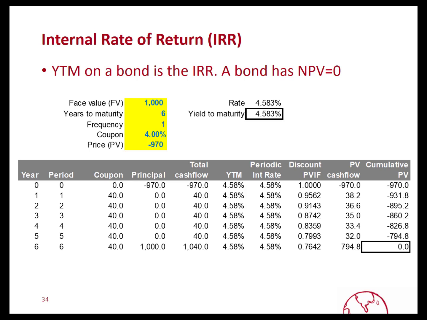Summing those up along with the price today of minus $970, and discounting them using the yield to maturity, which is also the periodic rate because we're looking at annual compounding, you can see that the cumulative present value of this project is zero. In other words, a bond is a zero NPV project.